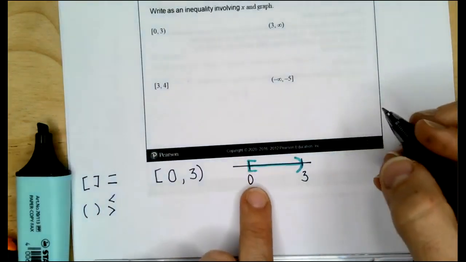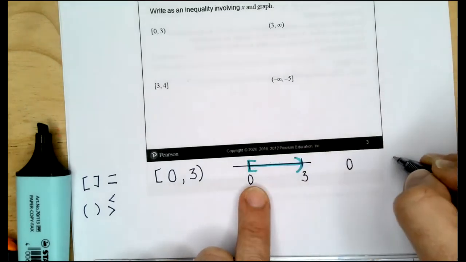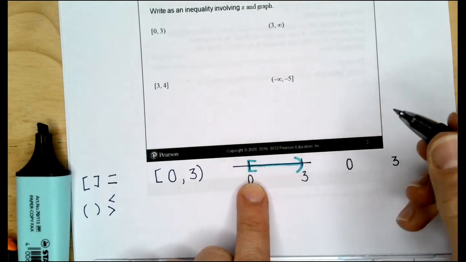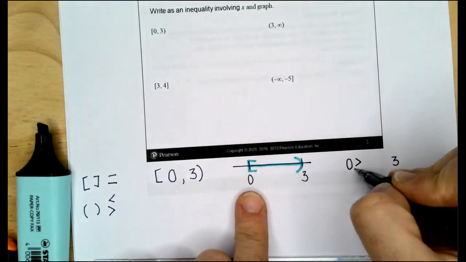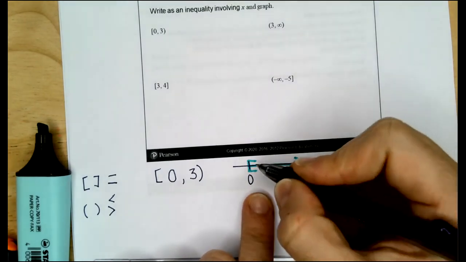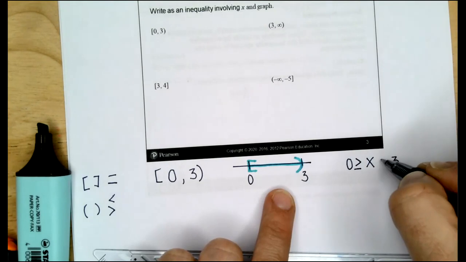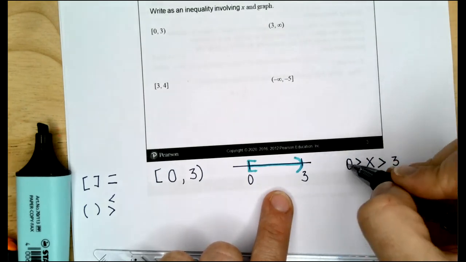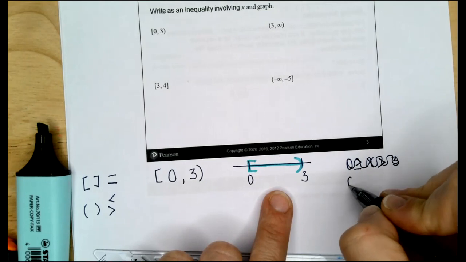Good? So I start at 0, end at 3. It's going up from 0, so my arrow should look like this, and it should include an equal sign, right? Because it's a bracket. And then from 3, oh, sorry, that doesn't work. Okay, we have 0.